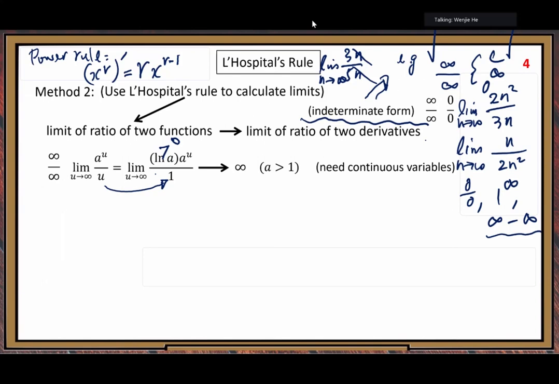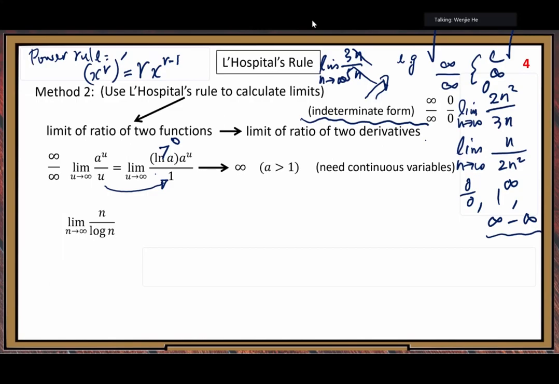We need to consider that question. Let's use the original limit to show you how we calculate the limit in a rigorous way. In our textbook, there is a hole. I pointed it out.